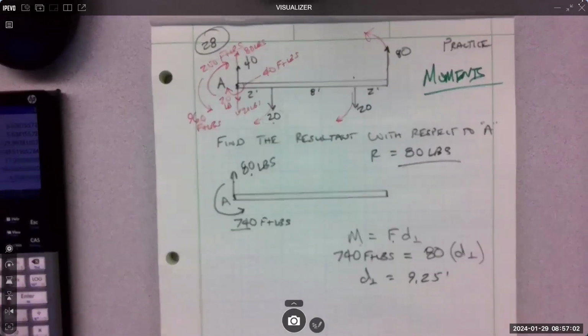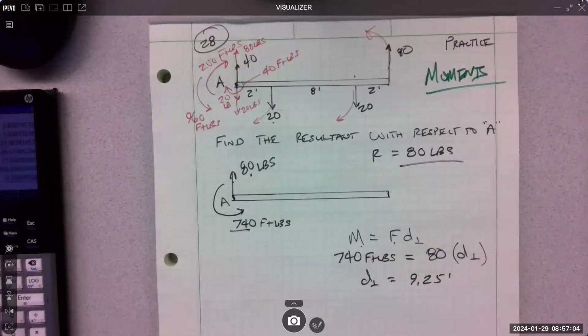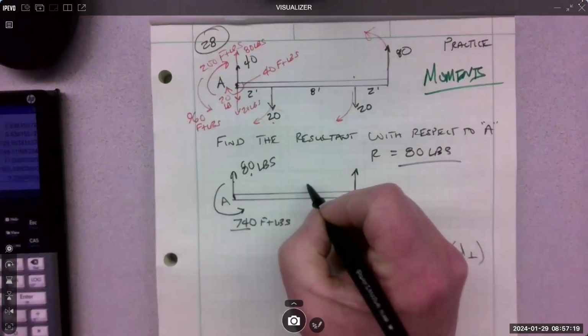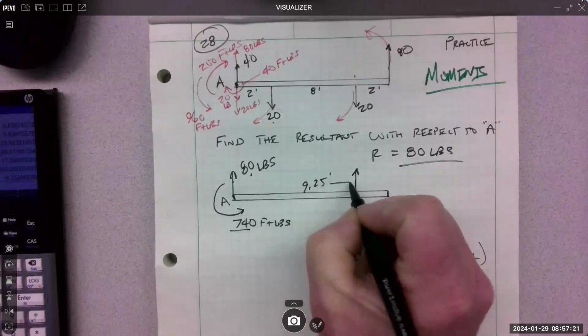Okay. Now, it's got to be out here. It's got to point up just like that. That is the resultant, but it's out here somewhere at 9.25 feet. I know it's out here. 9.25 feet.